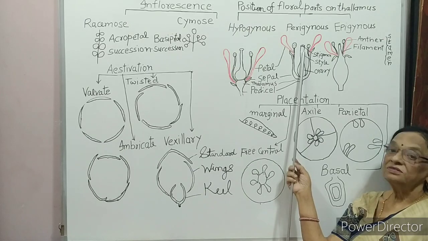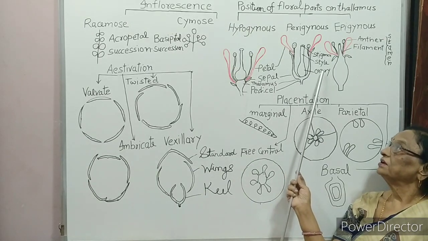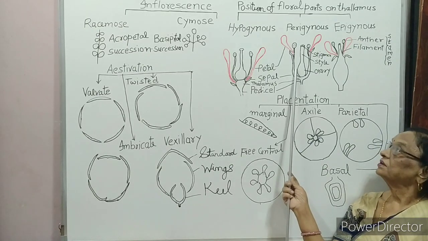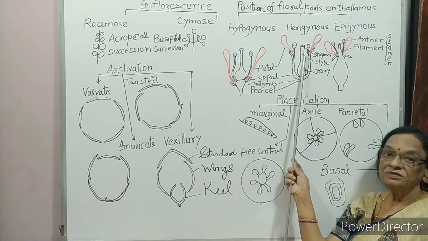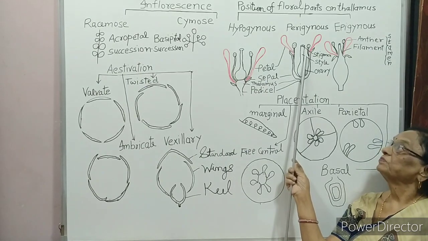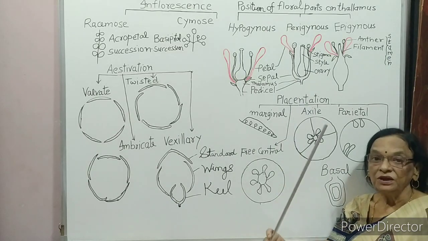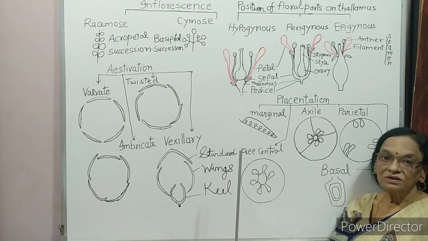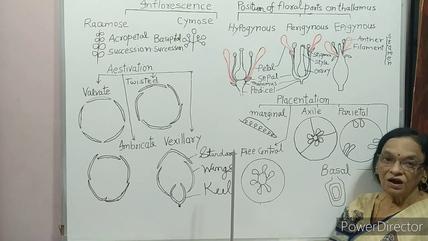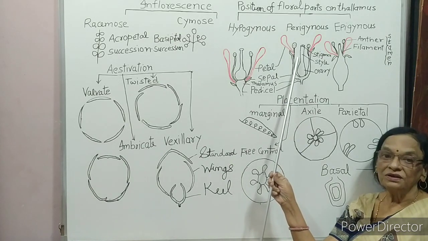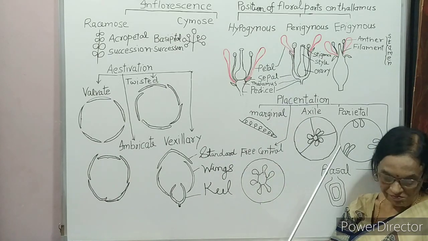Carpel has three parts: ovary, which contains ovule or seed; style, the passage through which pollen grain travels towards the ovary; and stigma, the platform which receives the pollen grain. So a pistil or carpel has three parts: ovary, style and stigma.